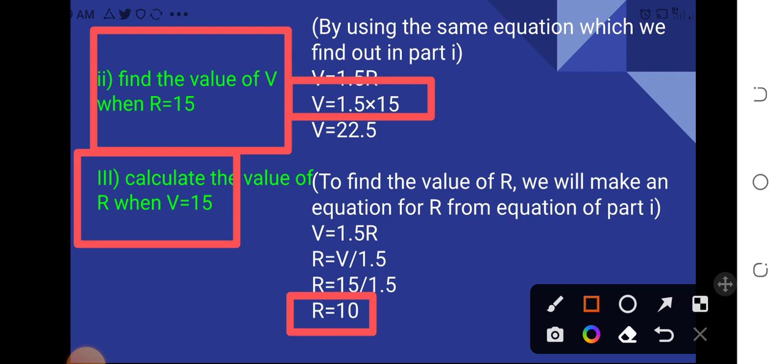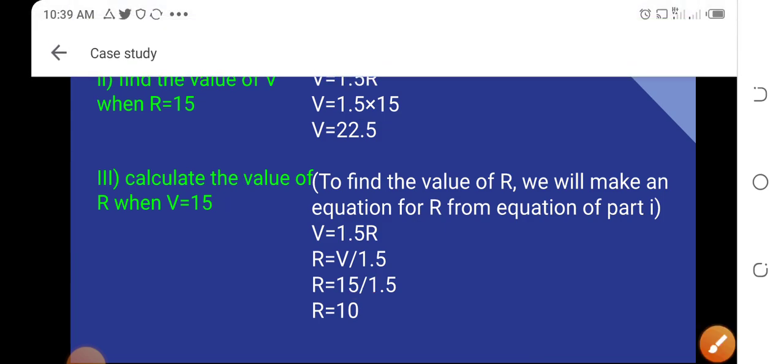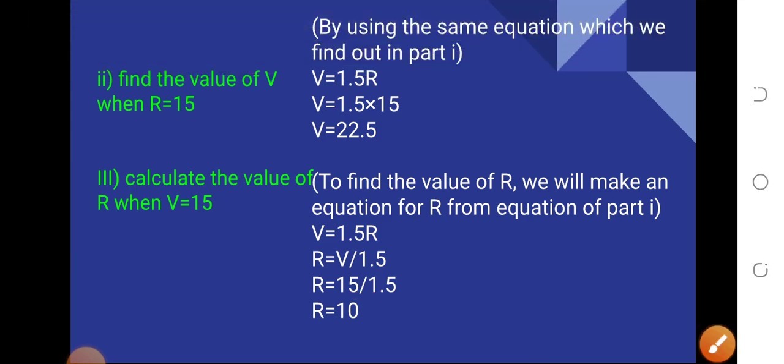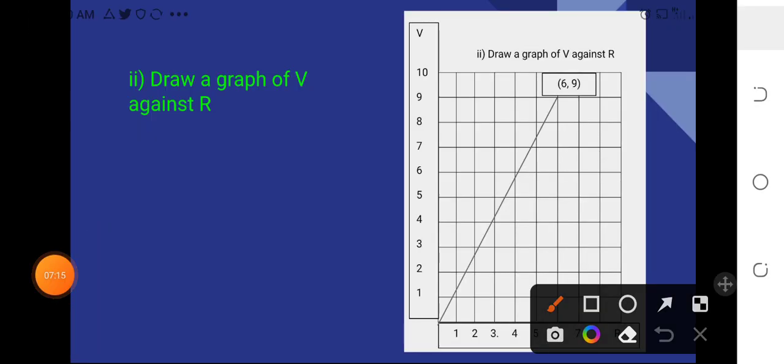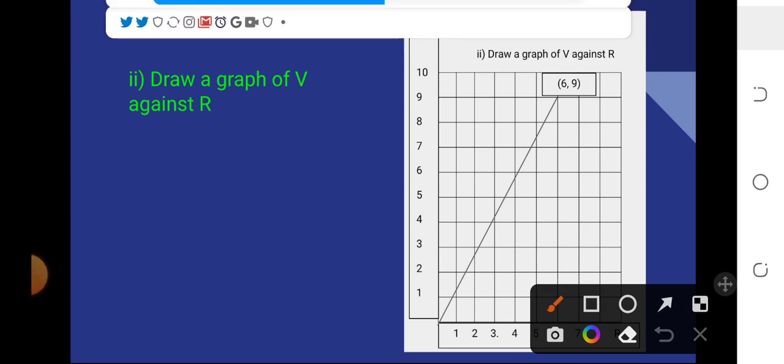This is how we find out the value of R, and already in part 2 we found the value of V. So these are the answers of the second and third parts. Now we will move to the last part of this question, the fourth part.